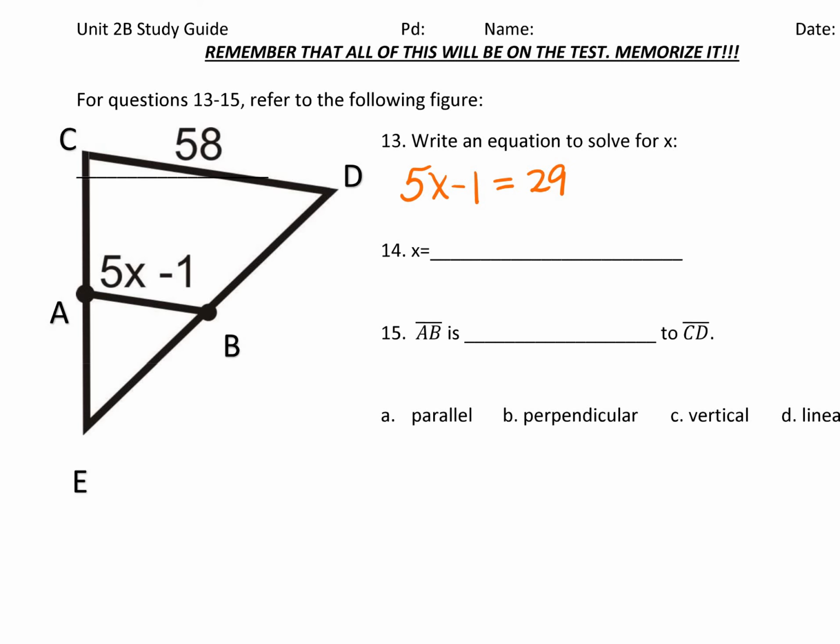We're going to actually solve for x, so add 1 to both sides. 5x equals 30. Divide by 5. X equals 6. So x equals 6. And then it says AB is blank to CD. AB is a mid-segment, and they are always parallel to their matching side.